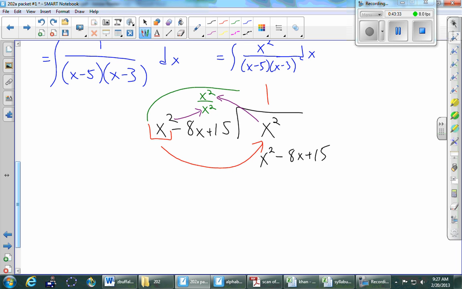Yeah, be really careful with the signs when you subtract top minus bottom. Because it's so easy to mess up the signs, I like to put that whole thing in parentheses with a big fat negative sign in the front. And we subtract, and what do we get? 8x minus 15. That's right, because there were zeros. Ernie had suggested putting 0x on the top and 0 at the end.